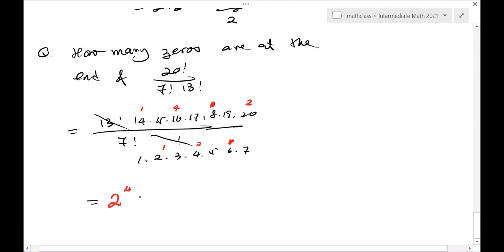Then the question is, how many factors of 5 are there? I have a 1 here, right? Another one from here. But I also have to delete a 1 in the denominator. So it's a 1. Then you multiply by other numbers. So 1 zero at the end. That's true.